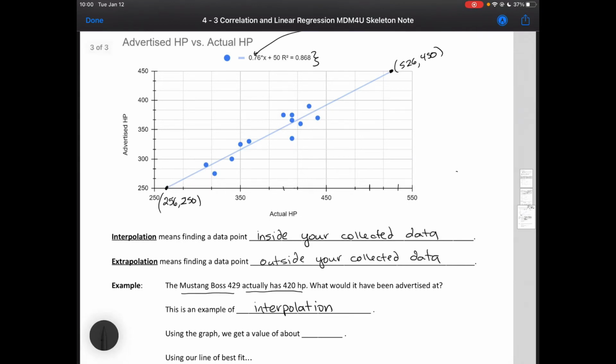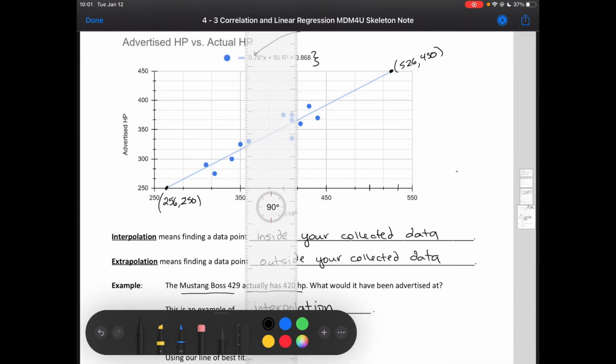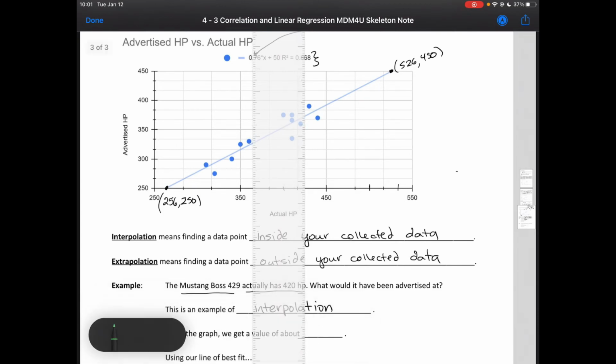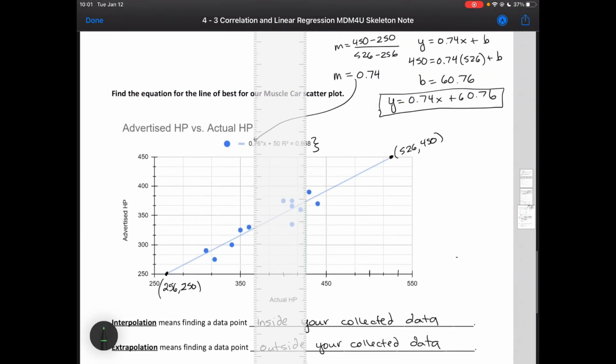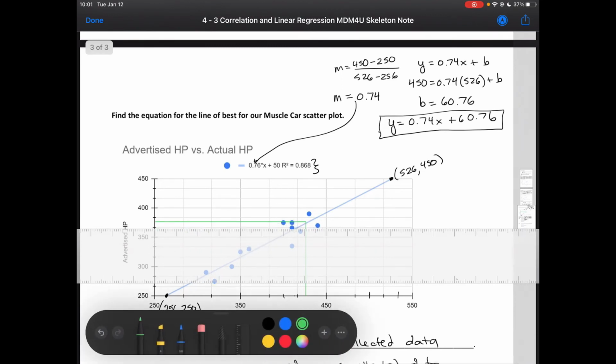What I'm going to do is use the graph. The easiest way is to use a ruler. Maybe 420 would be right about here. I'll use green, and I'm going to draw a line that goes up to my graph. I'm going to turn my ruler 90 degrees and draw a line that goes over all the way here.